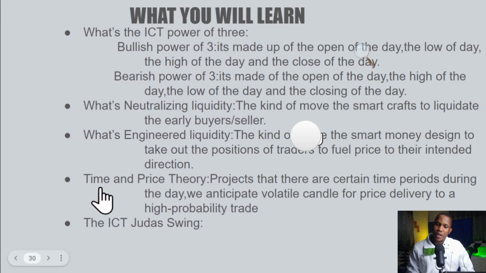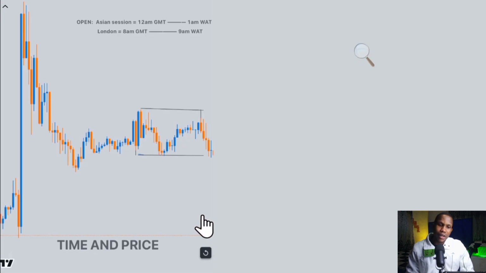The time and price theory projects that there are certain time periods during the day we anticipate volatile candles for price delivery to a high probability trade. So this strategy shouldn't be traded just anytime we want, but using the ICT's time and price theory, which I'm going to be explaining right here now.